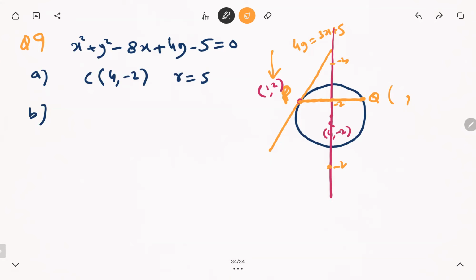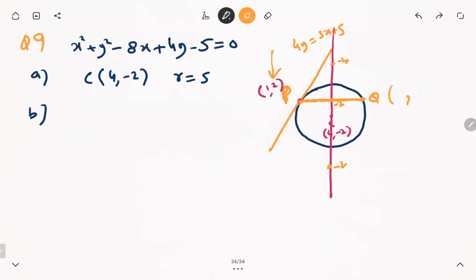Wait. So the y coordinate will stay the same. So it is -2. So the y coordinate of Q will be -2 here.